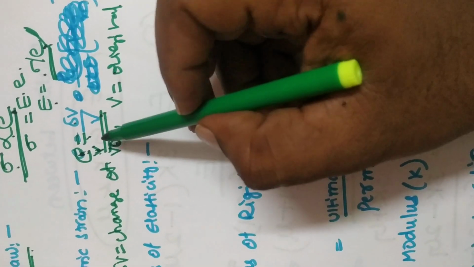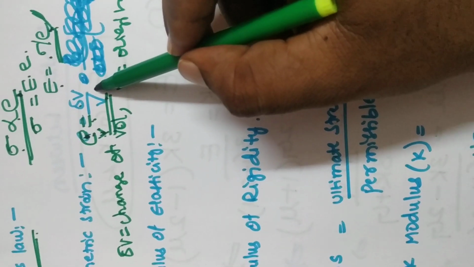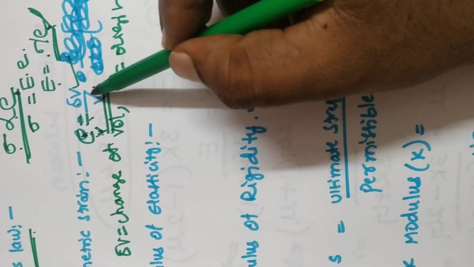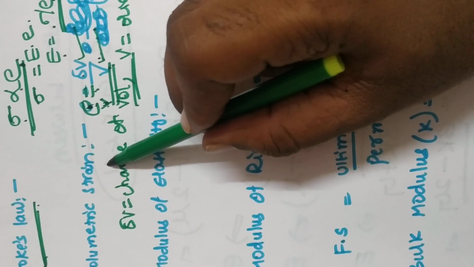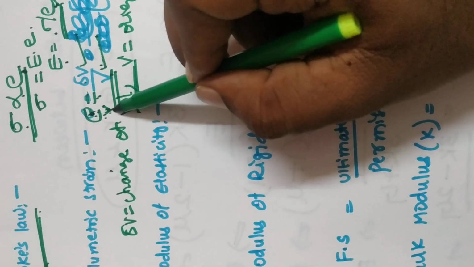So volumetric strain means the ratio between change of volume to the original volume. It is denoted by e suffix V.